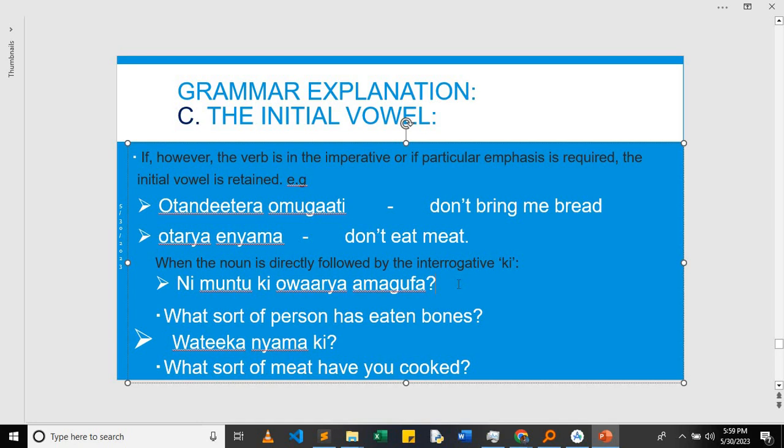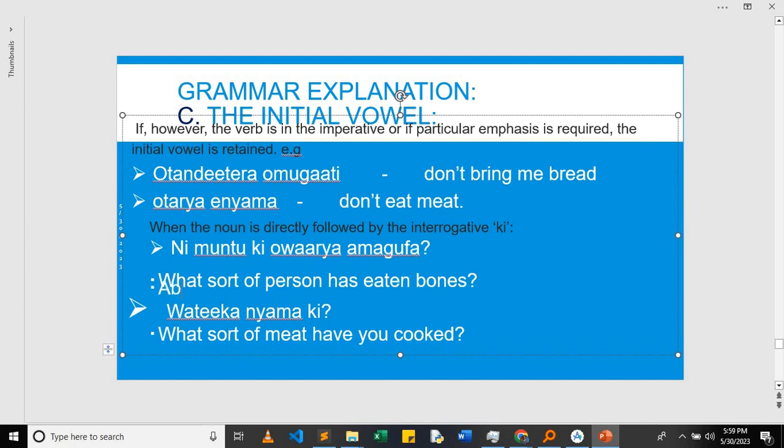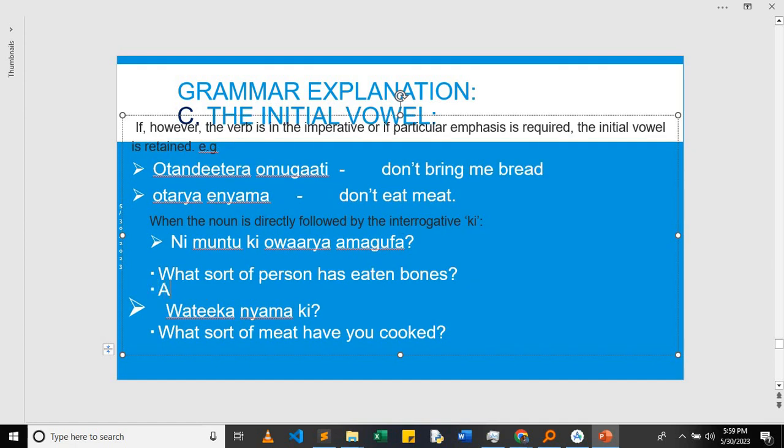So if you want to say that latecomers eat bones, how do we say it? We say abachererezi nibarya amagufa. Latecomers eat bones. Abachererezi barya amagufa.